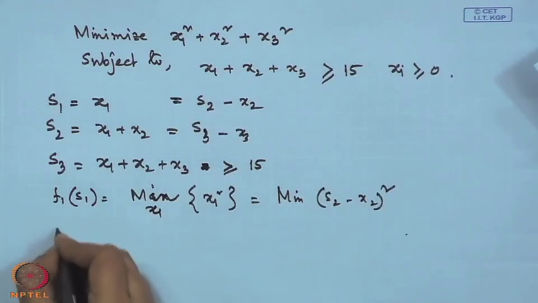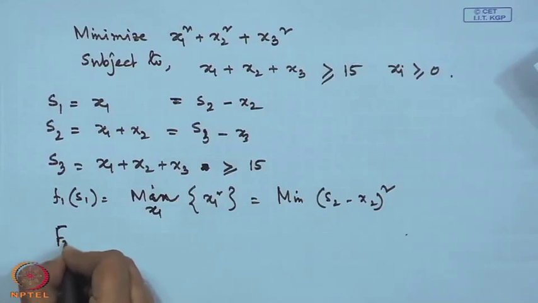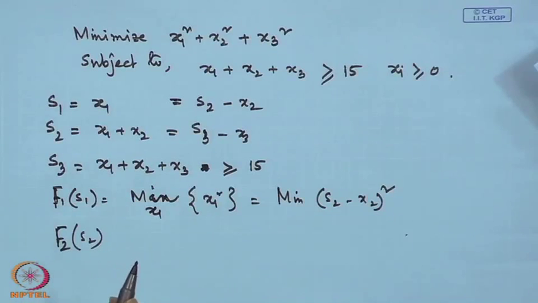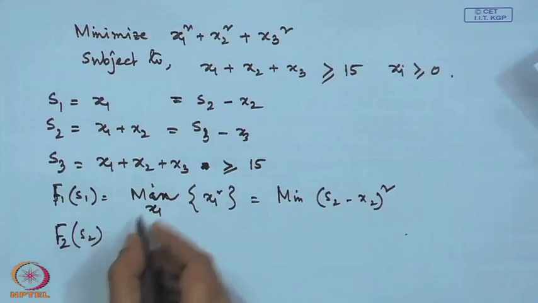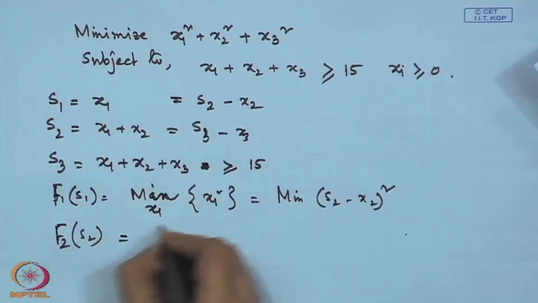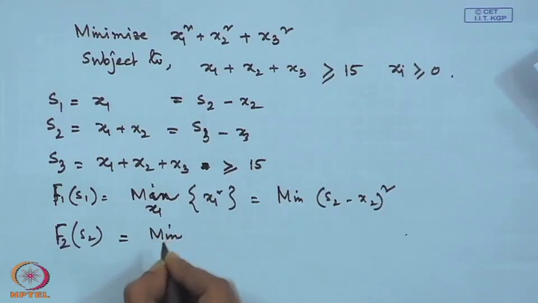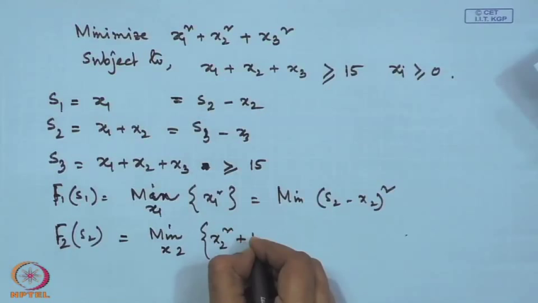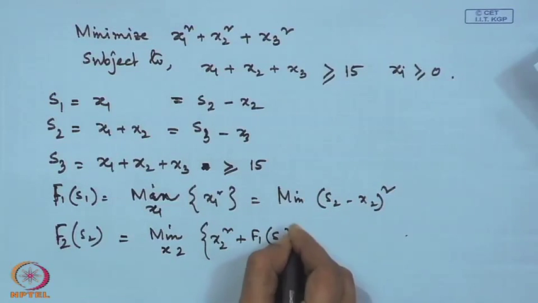Okay. Let us move to the next, that is f2(s2). Let me consider the capital F, because we have considered in this model small f as a variable name. If this is so, this is equal to minimization of x2 square plus f1(s1).